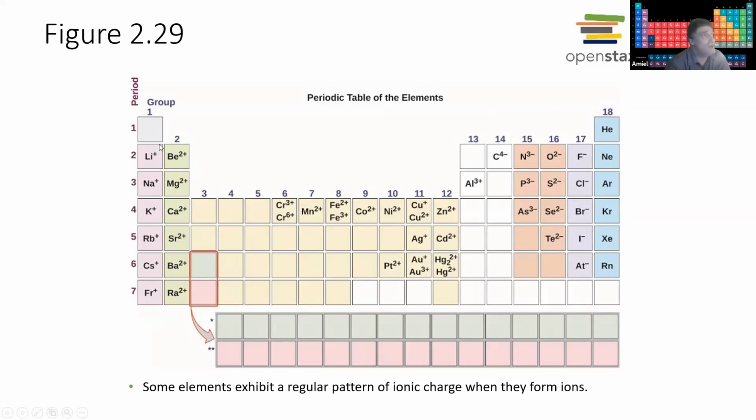You're seeing that groups 1 and 2, some of the transition elements, and 14, 15, 16, and 17, aluminum in group 13, all have what's called invariable charges, meaning that when these elements form ions, they form ions in these states, in these forms.